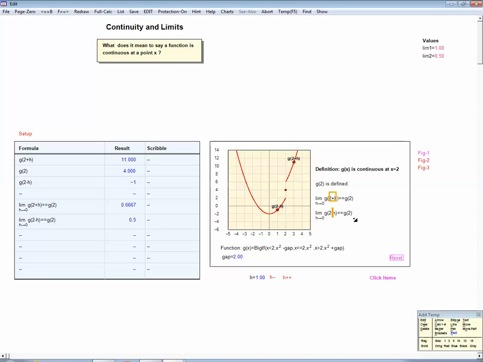So what does that mean graphically? Well, look over here. g of 2 minus h is this number down here. And g of 2 plus h is this number up here. And right now I have h set to 1. Watch what happens to those two points as I make h smaller and smaller.